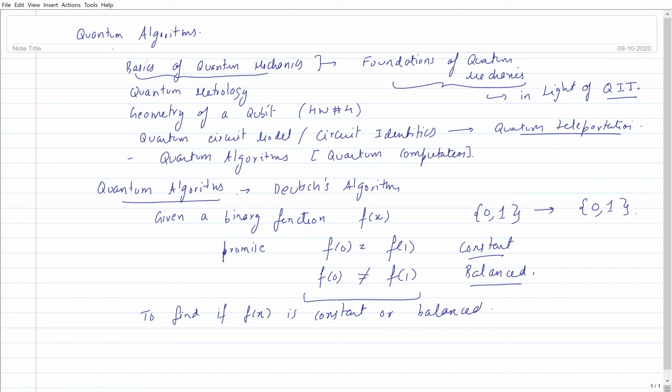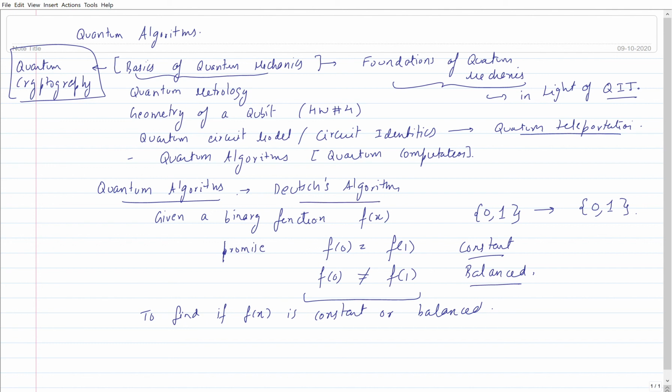By the way, doing basics of quantum mechanics, we also did some quantum cryptography. Remember the uncertainty principle and what happens to the interference fringes when we are observing the electrons going through the double slit.